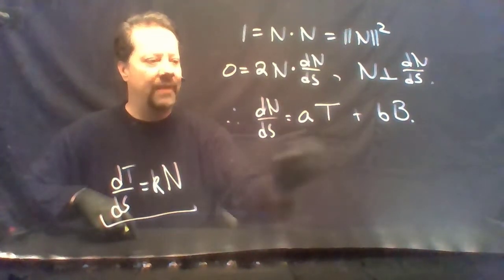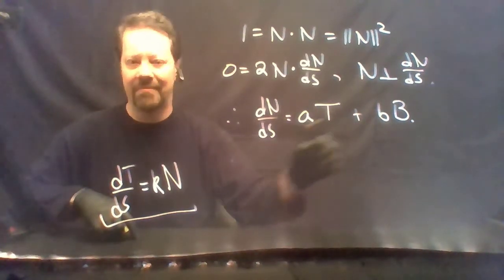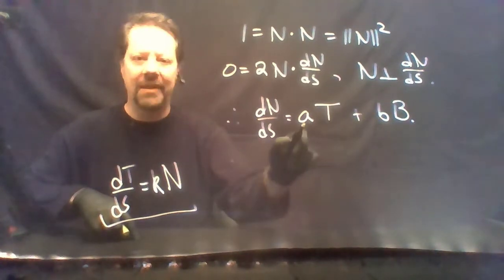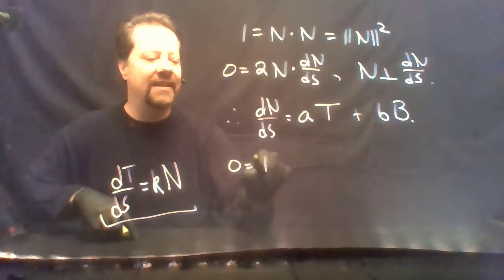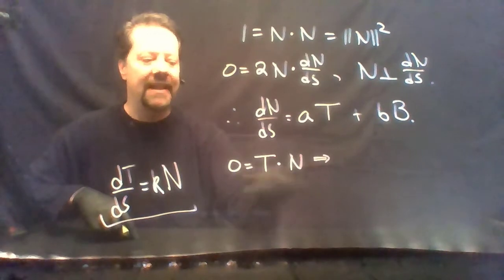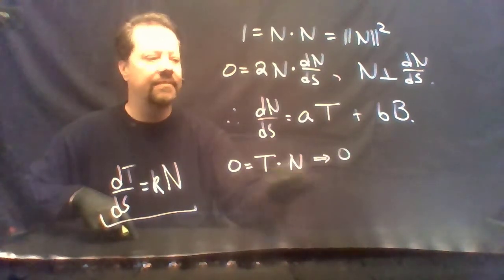Now, we need to figure out what a and b are. Actually, we're going to define what b is in a minute. But in terms of a, we can figure that one out. We'll use the fact that 0 is T dot N. If we take the derivative on both sides here, the derivative of 0 is 0.